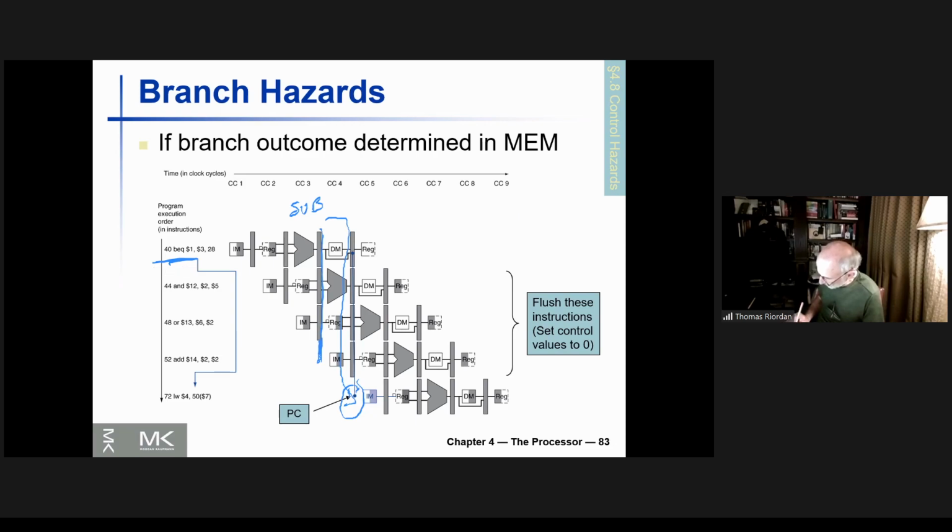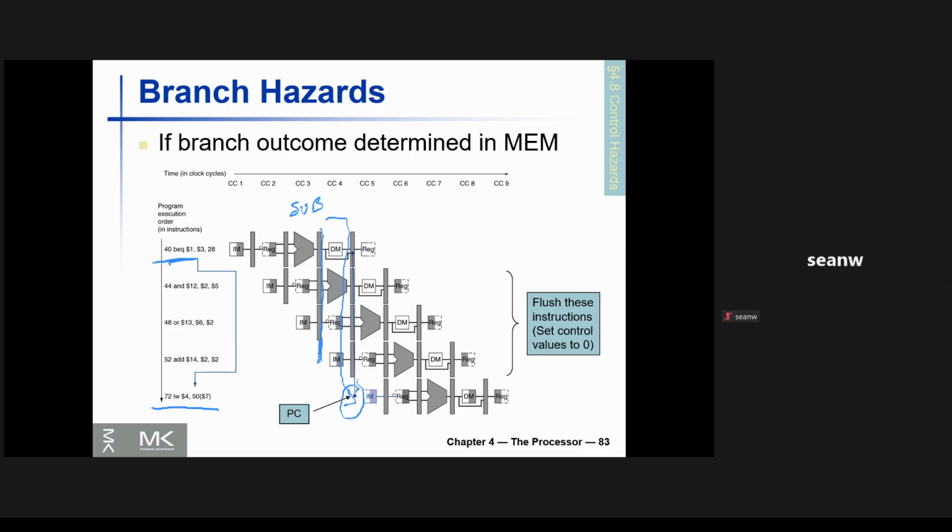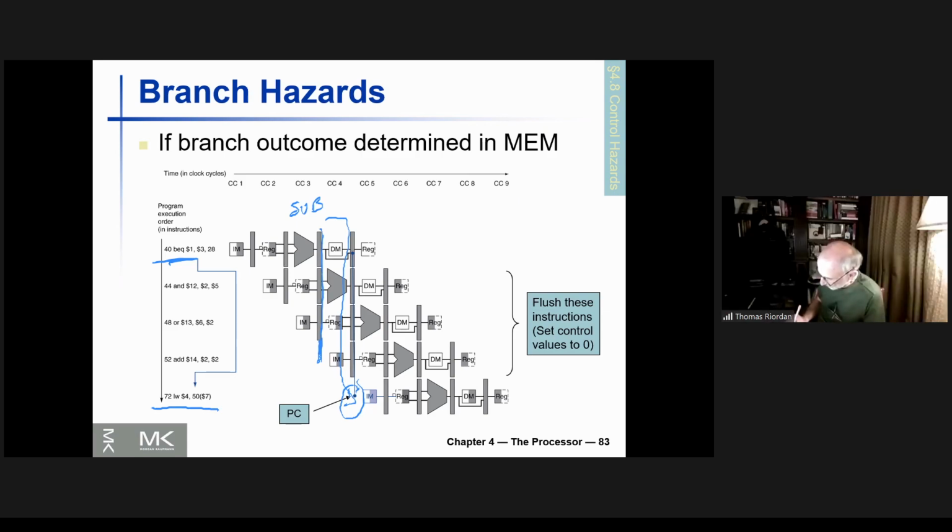And so that means that from a branch to the target of the branch, to the instruction that is at the target, till we can execute that instruction, is 3 instructions away. So if we do take the branch, these 3 instructions that we're getting just by incrementing the program counter here, here, and here, just the normal PC plus 4, will all have to get flushed.